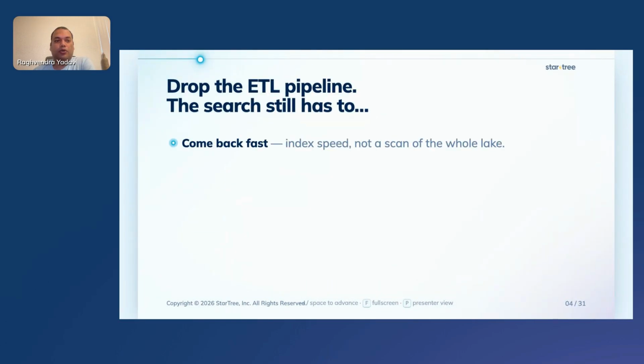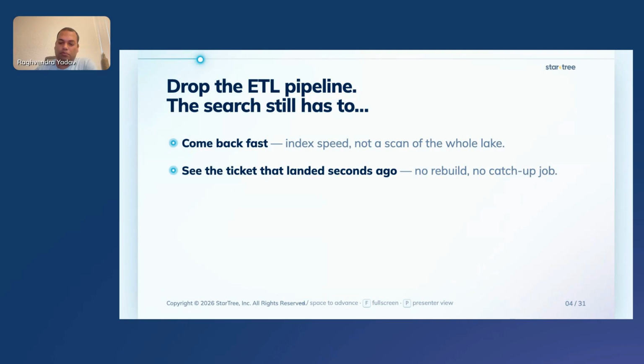So what are the advantages of dropping the ETL pipeline? The results will be faster because you are not scanning, and you can do your searches in sub-second time or faster. As the data lands, it is fresh, and there is no ETL pipeline to sync.